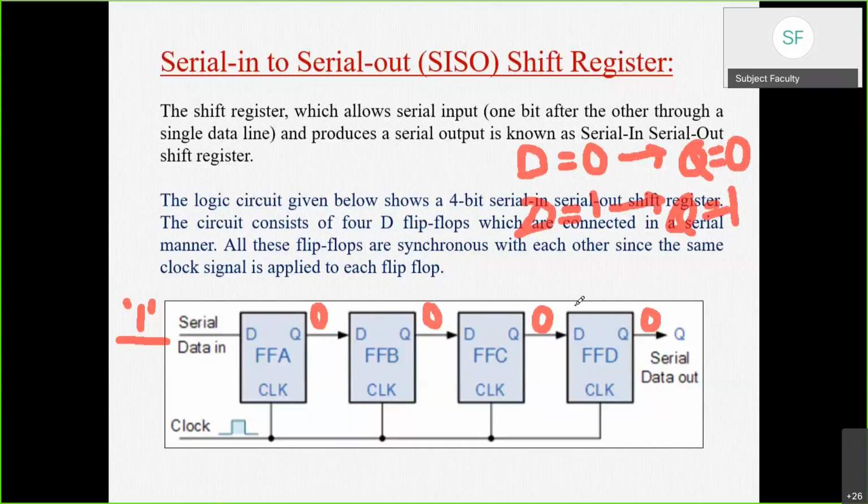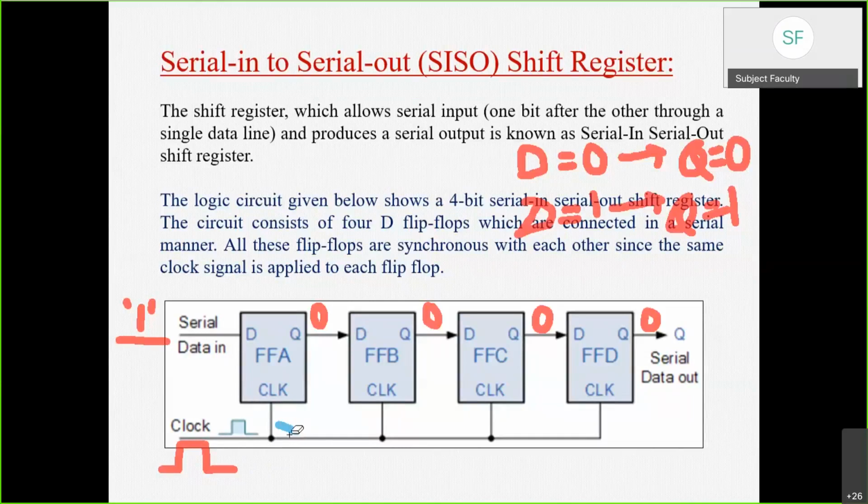You can remember this. Now, I have given input as 1. So now what will happen? After the application of the clock, it can be negative edge triggered or positive edge triggered, it doesn't matter. Only after the application of clock, what will happen? If you observe, this is given to all 4 flip-flops.